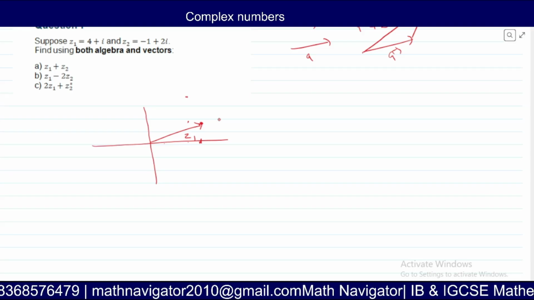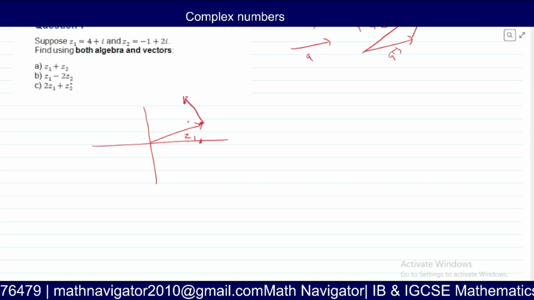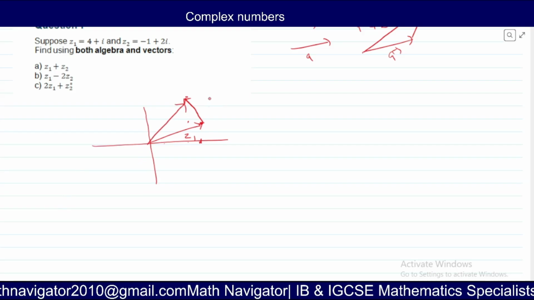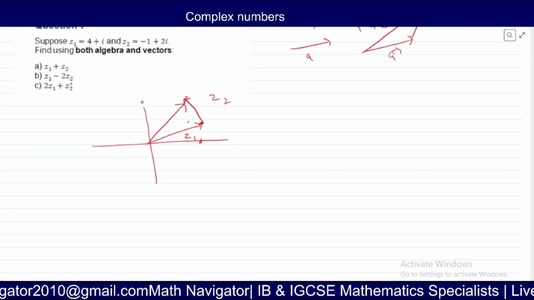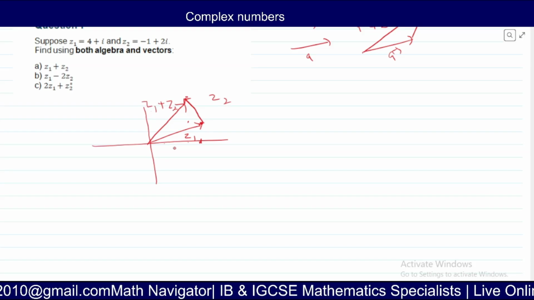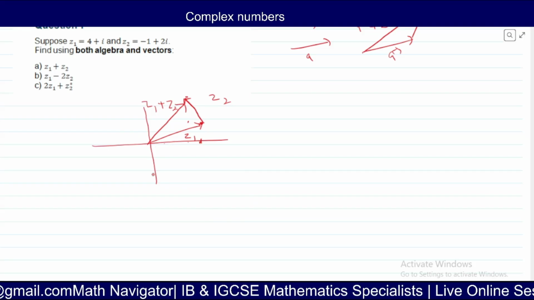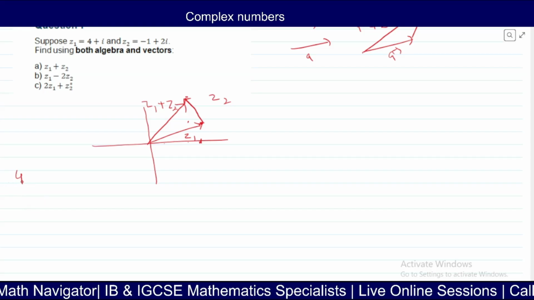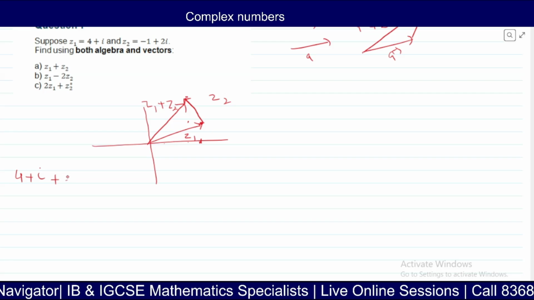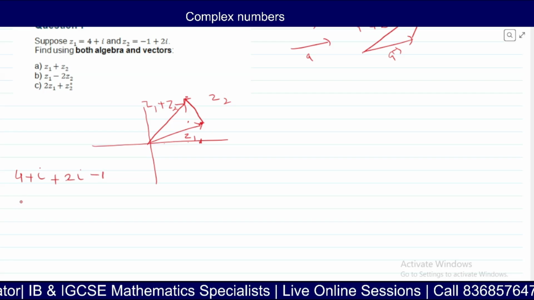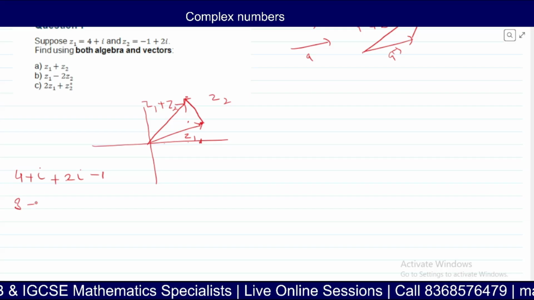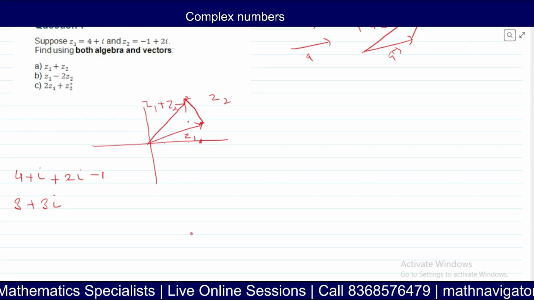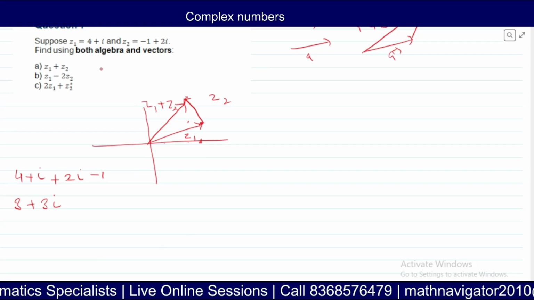So my number will be something like this, right? So this is z1, this is z2. So I'll call it z1 plus z2, by the triangle law of vector addition. So this is how you will add them. And if you want to add it simply, that's fine, because in that case 4 plus i plus 2i minus 1 will give me 3 plus 3i. If you do it, you will get the same answer. So z1 plus z2 we have done.